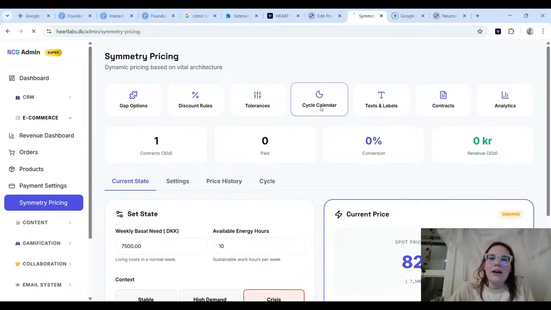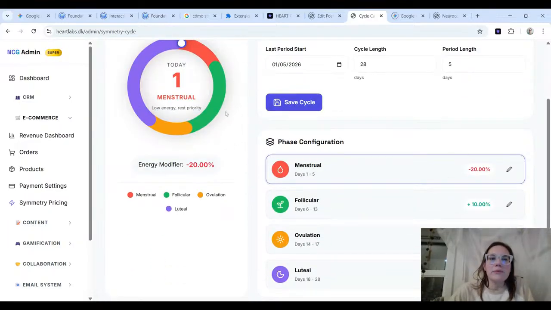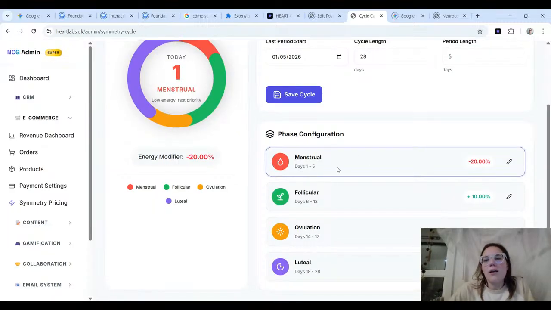Here we have a cycle calendar in which you can put which part of the cycle you are in, which extends to how many sessions you offer or the percentage of energy that you have, and it automatically helps you calibrate your offer and demand.